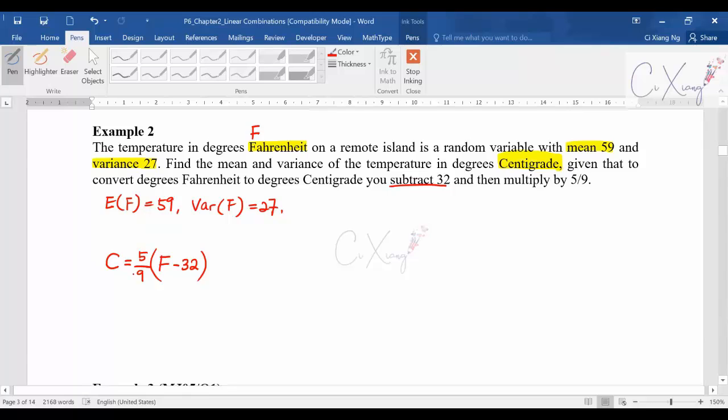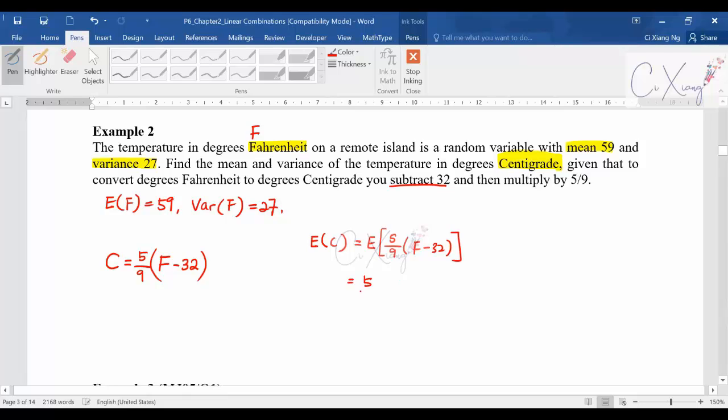After you have this, they want you to calculate the mean of C and also the variance of C. To calculate the mean of C, the step is E of 5 over 9 times (F minus 32).